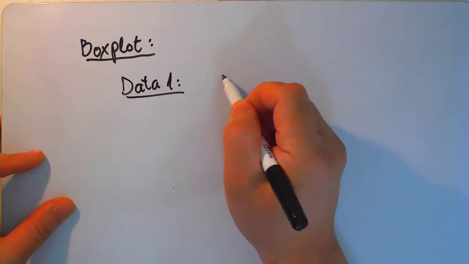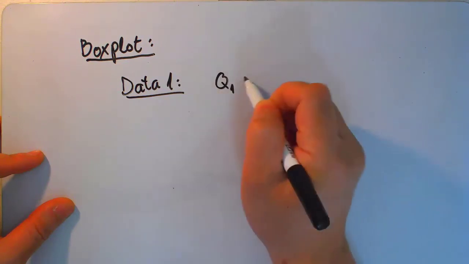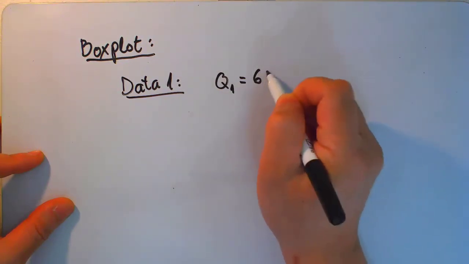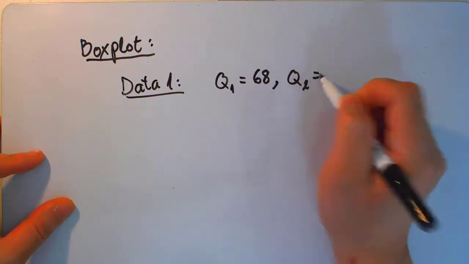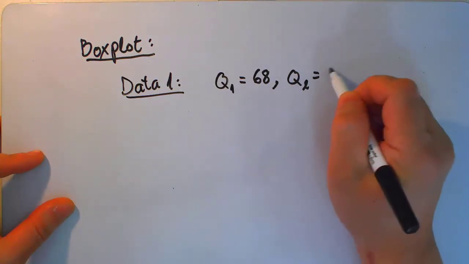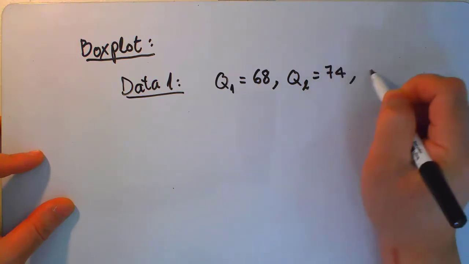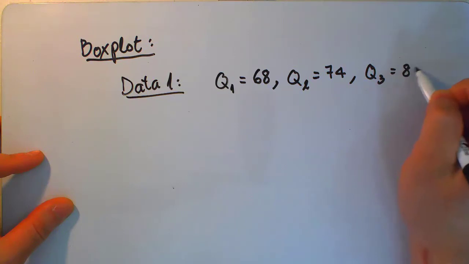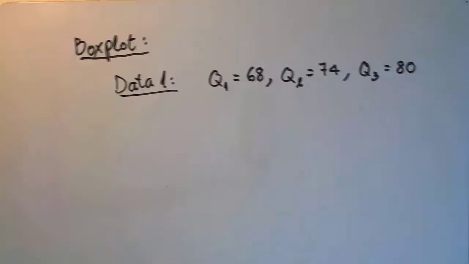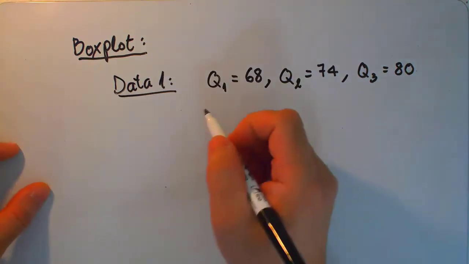So data 1 has Q1 we found being 68, and Q2 being 74, and Q3 being 80.